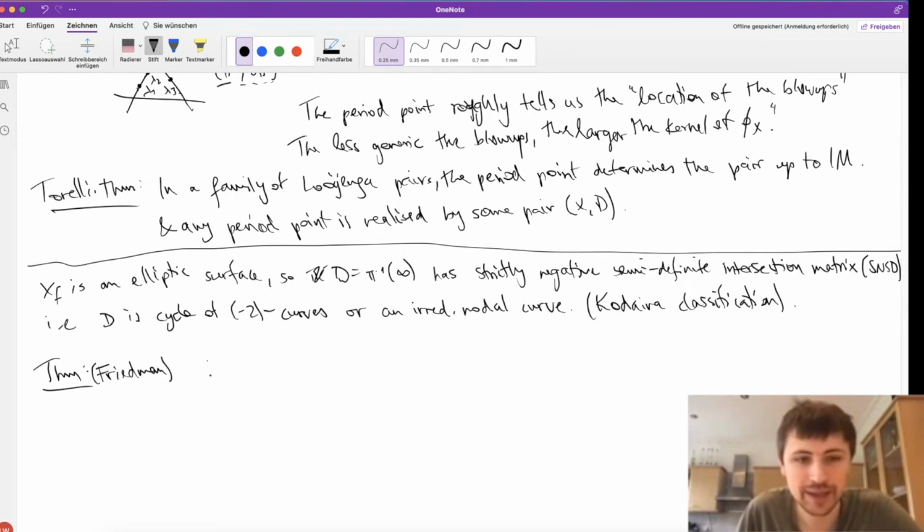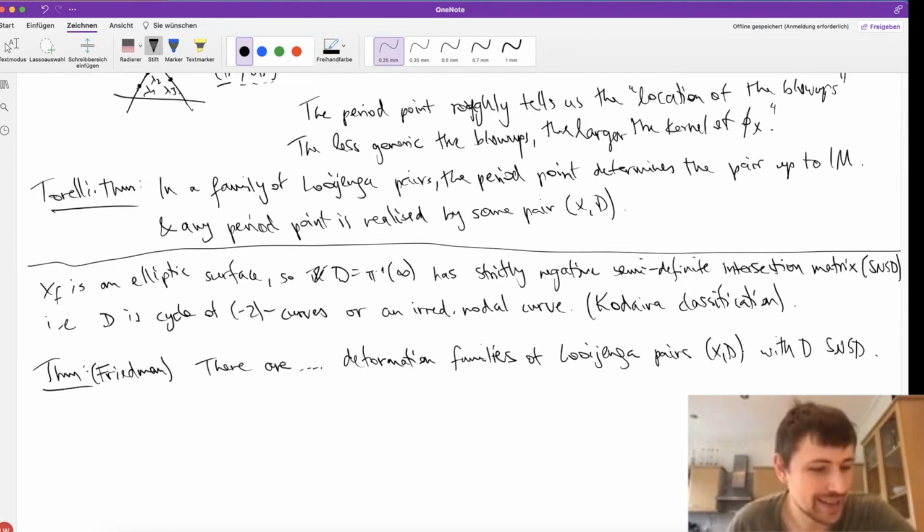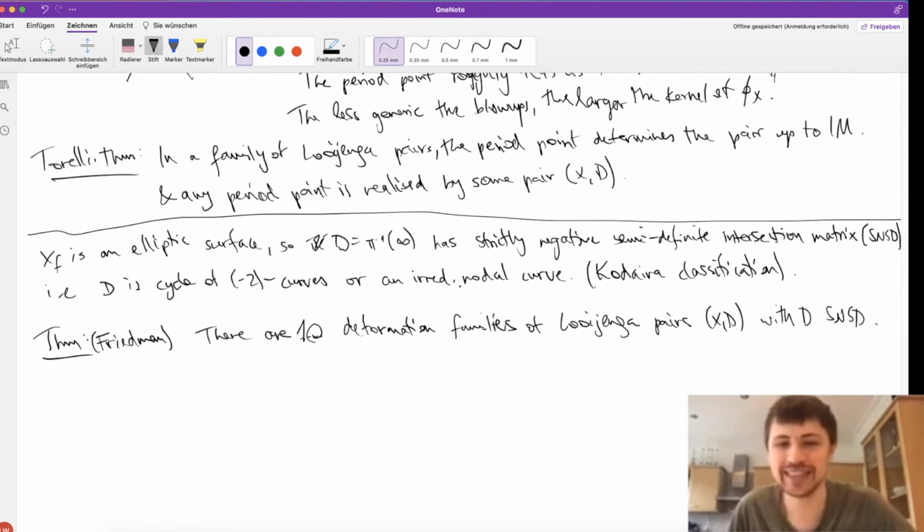It says the following: there are a certain number of deformation families of Looijenga pairs (X, D) with D strictly negative semi-definite. I mentioned the number 10 at the beginning, which is the number of families of del Pezzo surfaces, and of course that's where this number comes from. So there are exactly 10 deformation families of these Looijenga pairs.